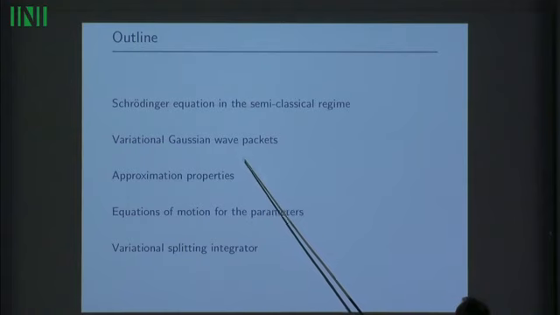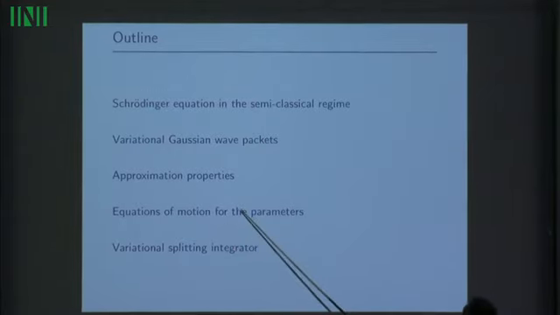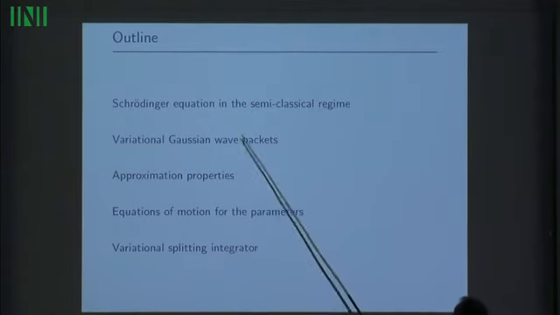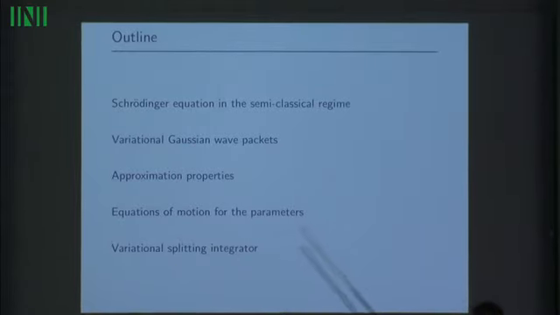We'll come to some of the properties, in particular also to the approximation properties, to the equations of motion that drive the parameters of these Gaussians, and then we'll come to the integration of these moving Gaussians by a splitting integrator.